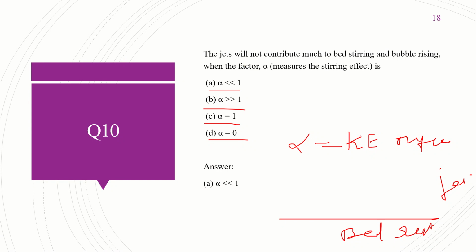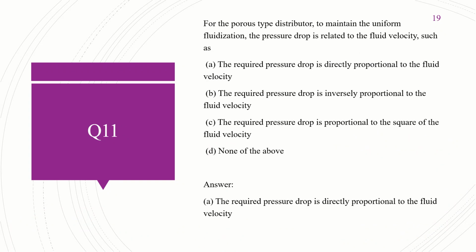If the bed resistance is high, what happens? Alpha becomes very low. So the answer is option A. In other cases, alpha is greater than 1, the jets will be contributing something or the other to the system. We'll go to question 11.